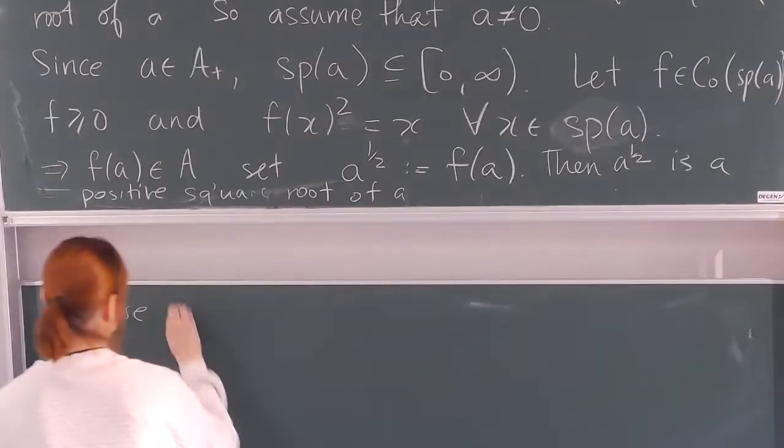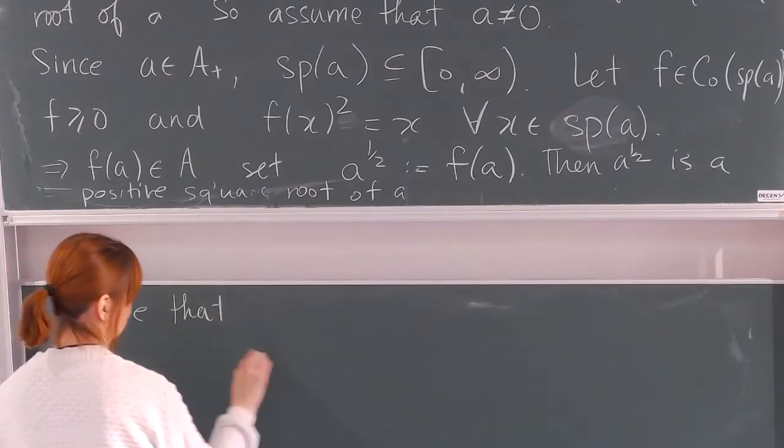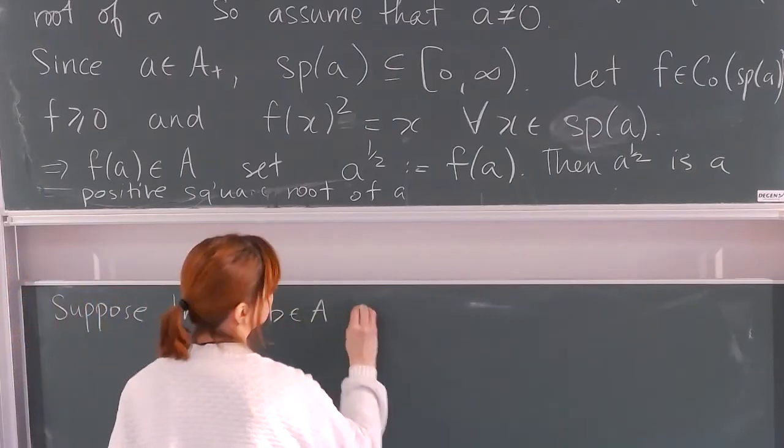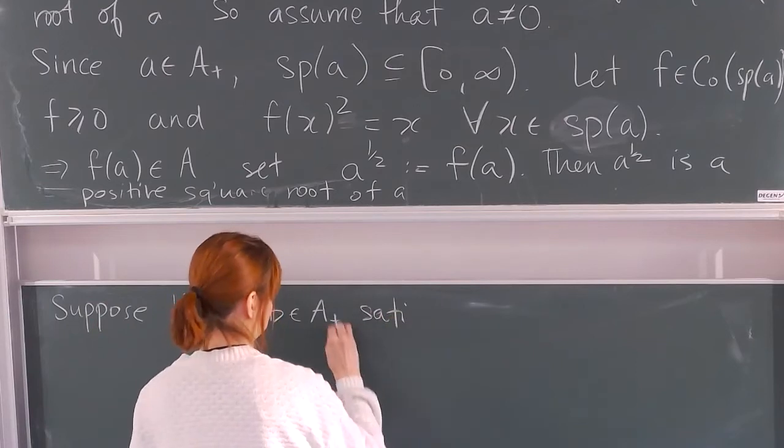Okay, suppose that B is another positive square root.